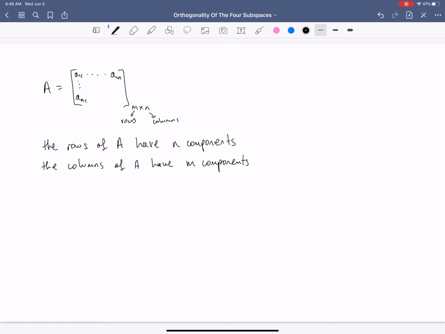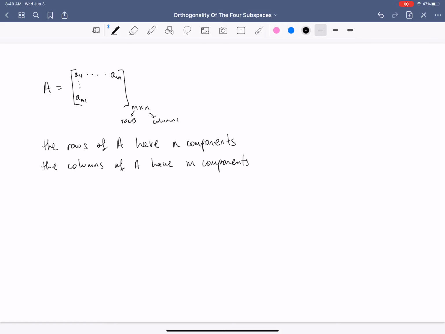It's a little bit counterintuitive because M counts the rows and all of a sudden those are the components of the columns. But if you just stop for a moment to think a little bit about what these things represent, then you're never going to make mistakes.